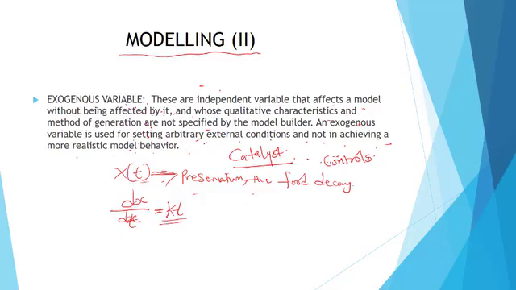This is called the decay constant, while this is called the exogenous variable. In generating this equation, there are so many things being put into place. The variable is not altered, but it has an effect on the reaction we are considering.